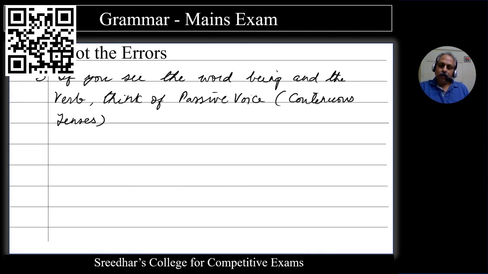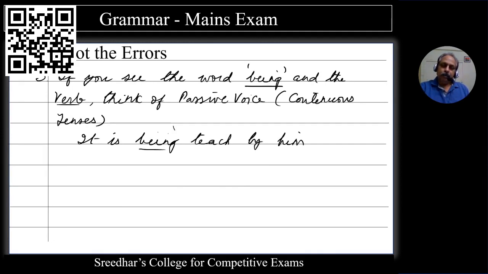If you see the word being, this is a clue for you, and the verb, think of passive voice continuous tenses. The verb actually should be in past participle form. They may change the verb form. For example, it is being teach by him. How do you decide where the error is?